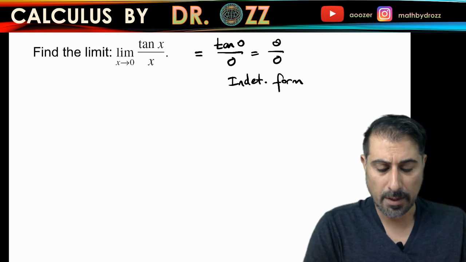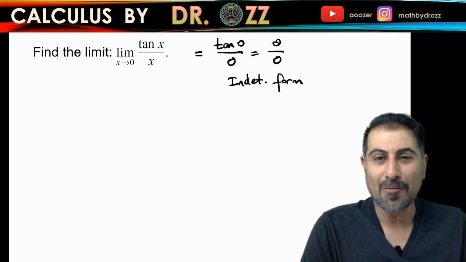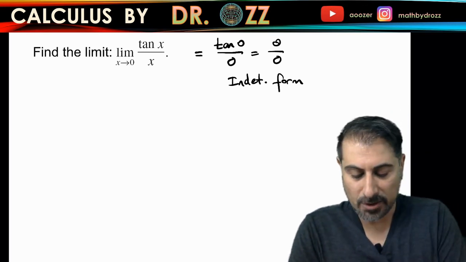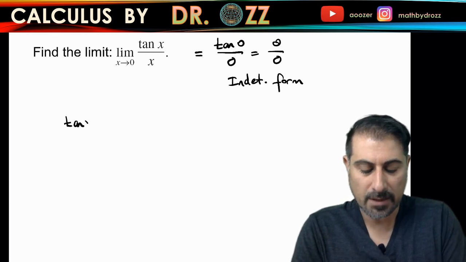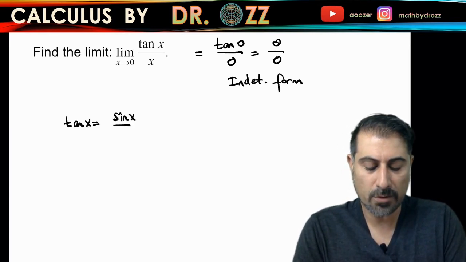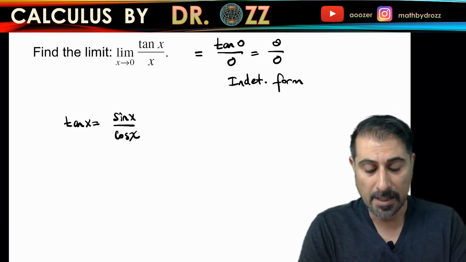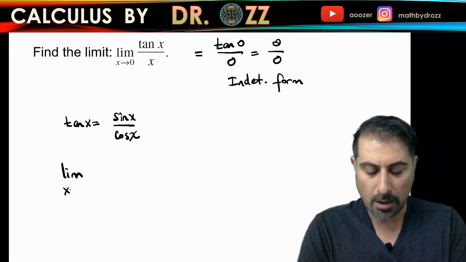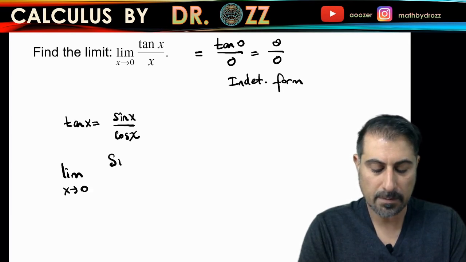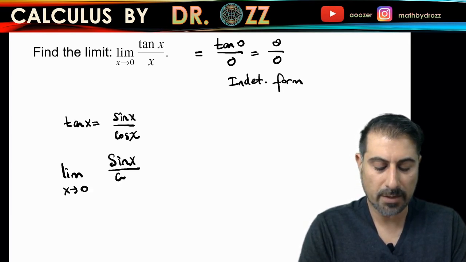To do that, we have to use the definition of tangent x. Tangent x is sine x over cosine x. So I'm going to replace tan x in that limit by sine x over cosine x, all divided by x.